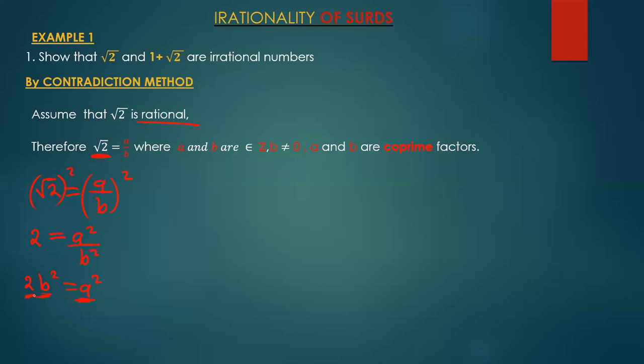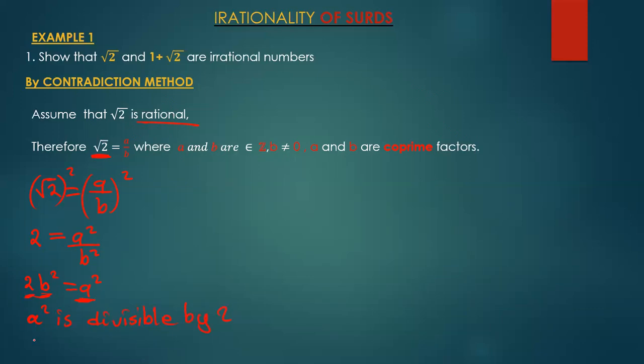So this implies that a squared is divisible by 2. Or if you don't want to use the word divisible, you can say 2 is a factor of a squared.